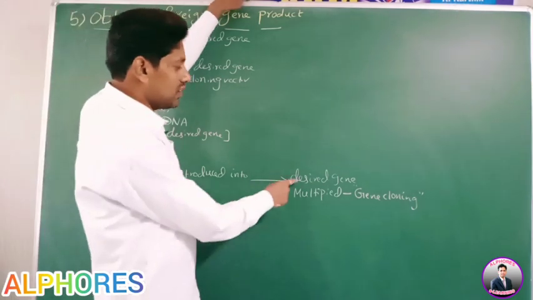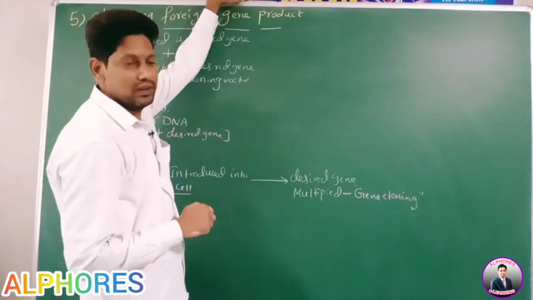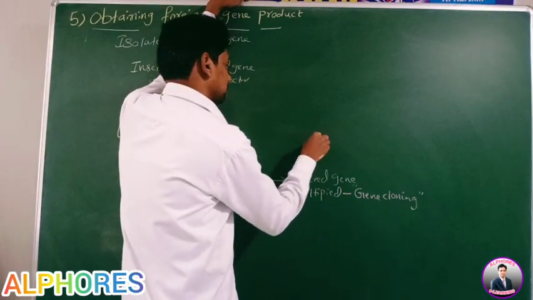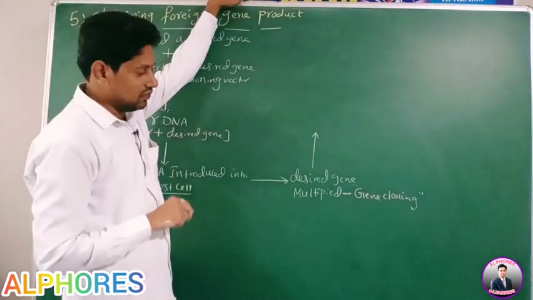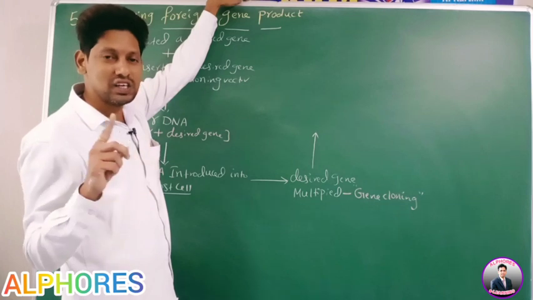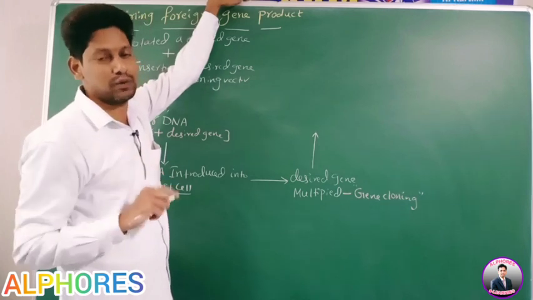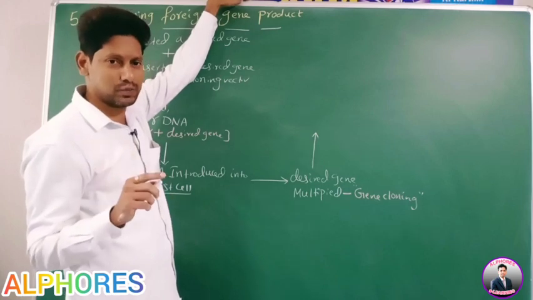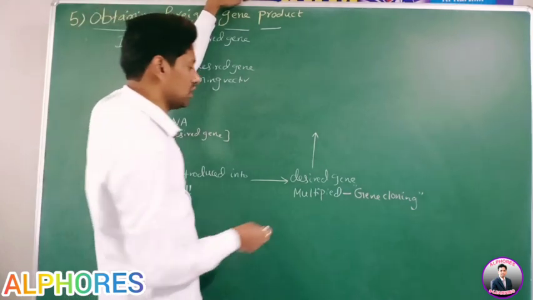This is a desired gene. Now this desired gene is expressed. When the desired gene is expressed, it produces a protein.